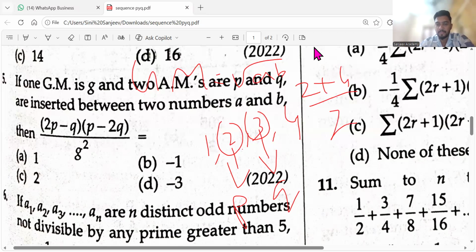Whole divided by 2. Arithmetic mean, correct, 3. So I inserted this thing.